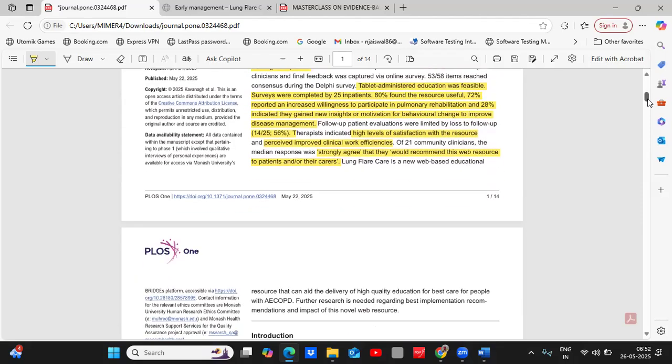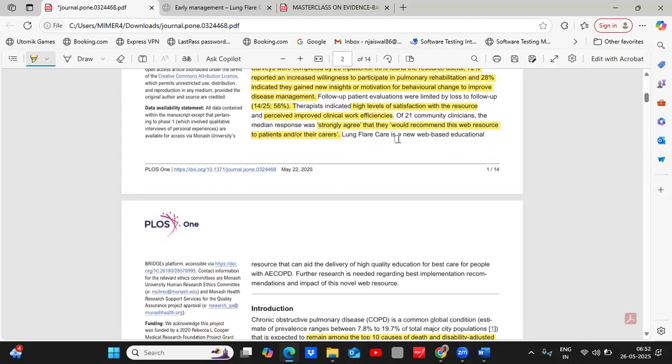So Lung Flare Care is a new web-based educational resource that can aid delivery of high-quality educational content for patients of acute exacerbation of COPD. And they are recommending further research for the best implementation and impact of this novel web resource. So I will also show you the web resource which they have developed.